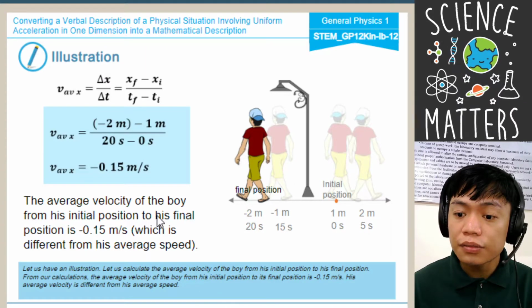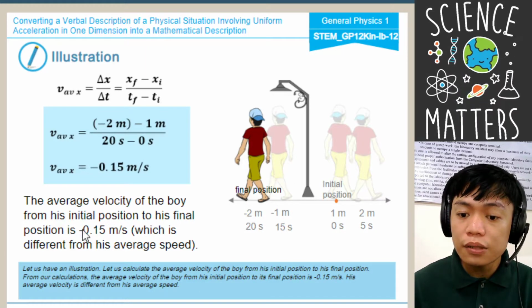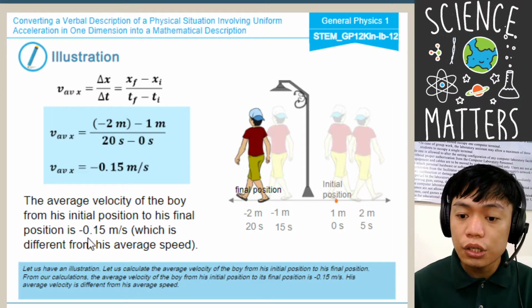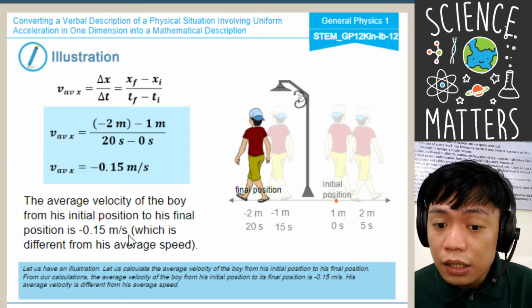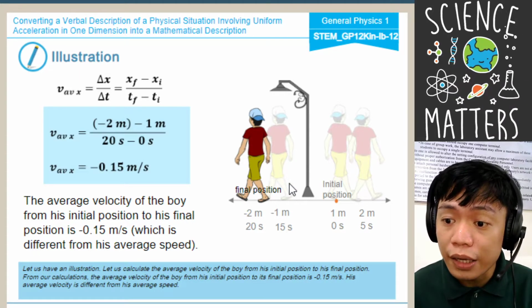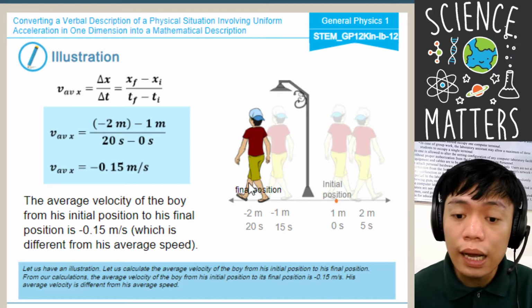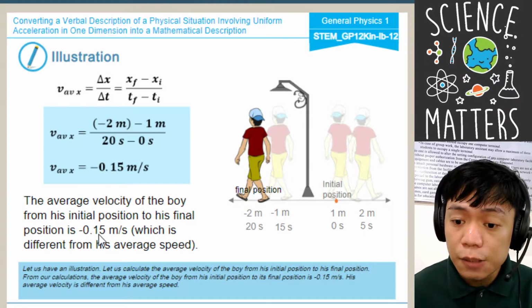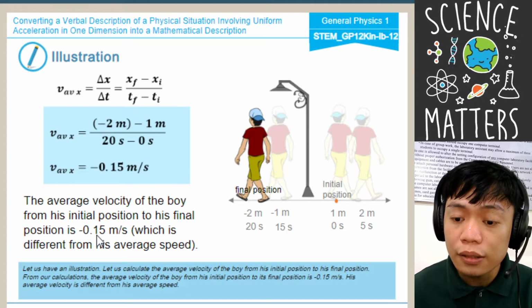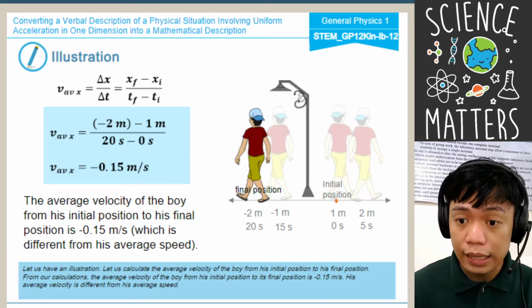So the average velocity of the boy from his initial position to his final position is -0.15 meter per second. Okay? So he is moving from that of the lamp post going to the left direction with an average speed of 0.15 meter per second. Okay?